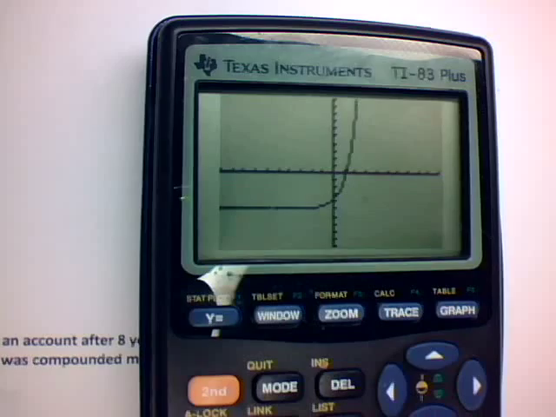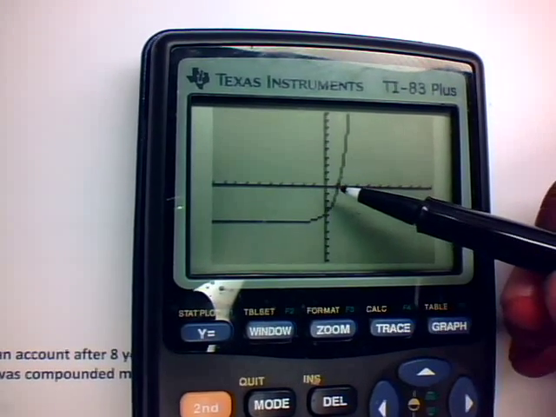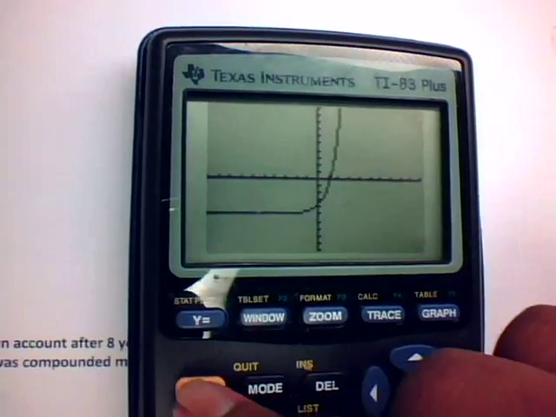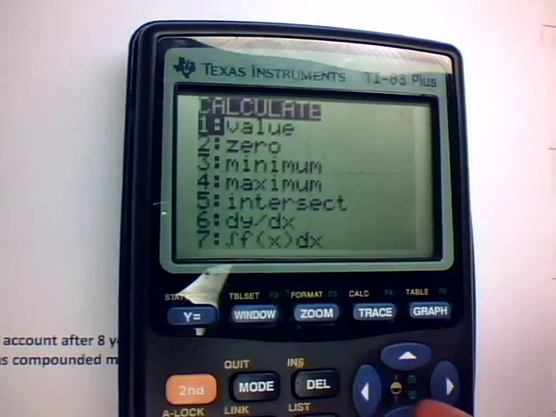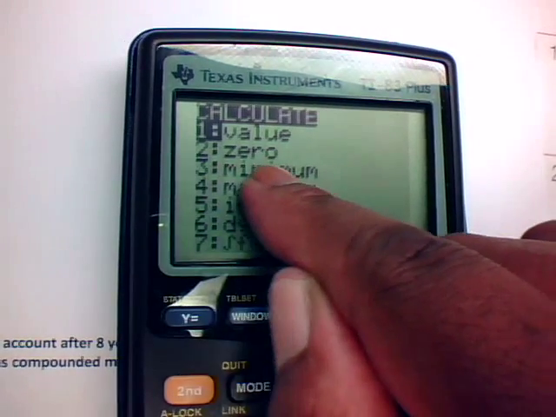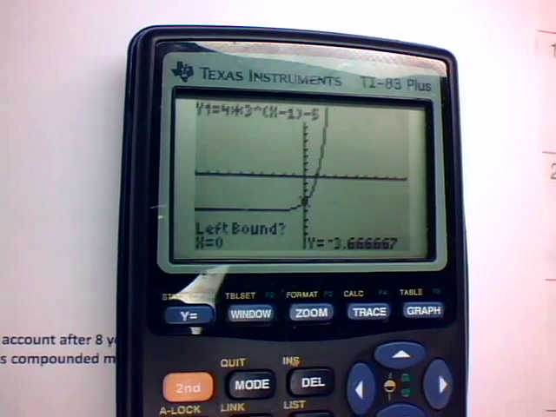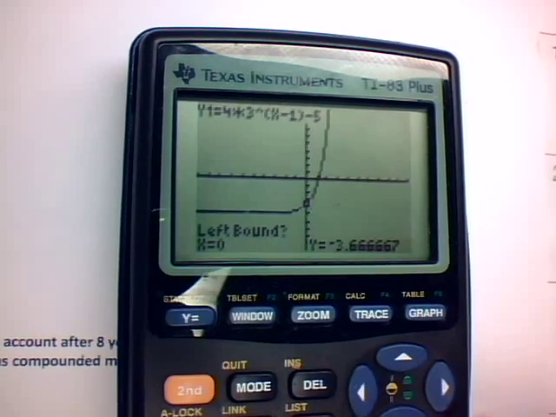Let's first find the x-intercept, because we want to find the point where this graph crosses the x-axis. So we'll press second and trace. And then we want to find the zero, which is the same as your x-intercept, so you'll select number 2. And then you should get a message that says left bound.